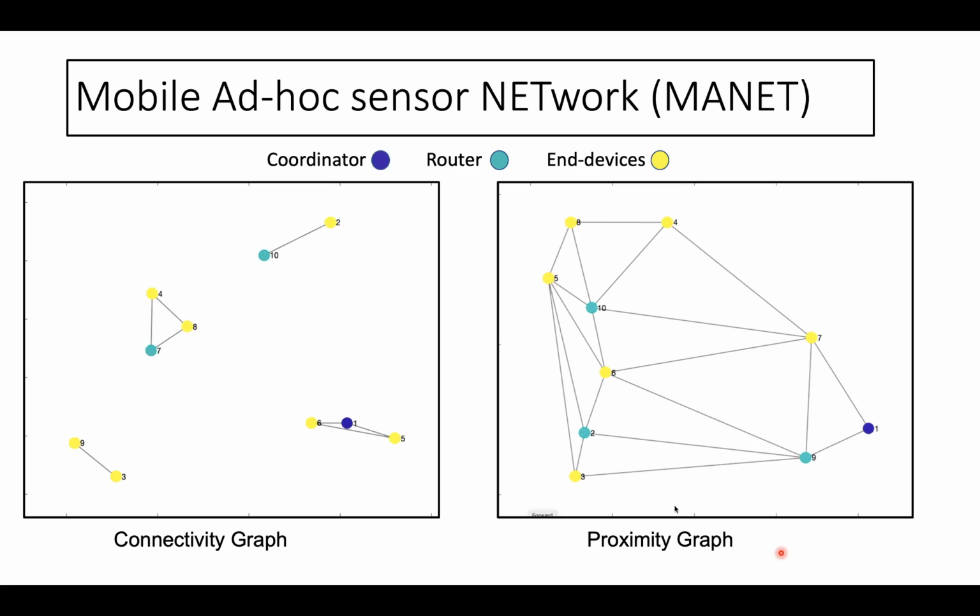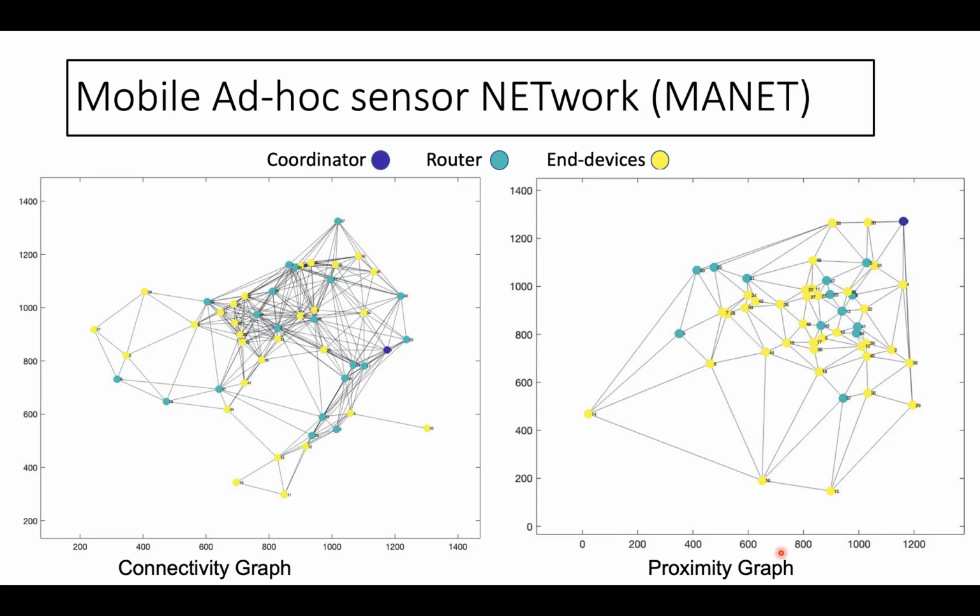Instead, the proximity graph is always connected. All the nodes are in some way connected in space. If you consider many more nodes, you can see that the situation is different, and it is the connectivity graph that has many more connections. Instead, the proximity graph will always remain with the same proportion of connections.